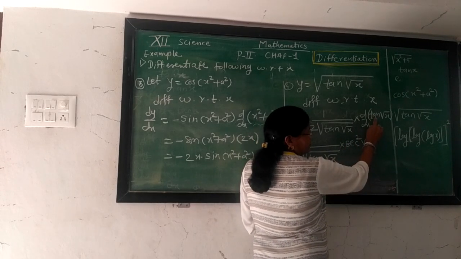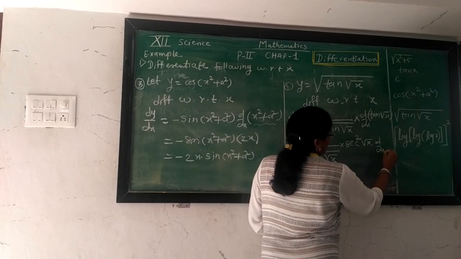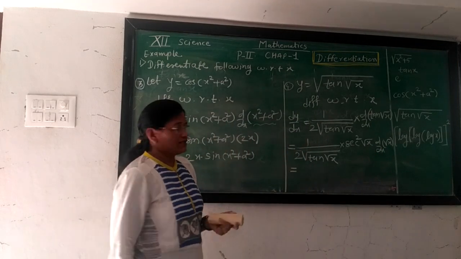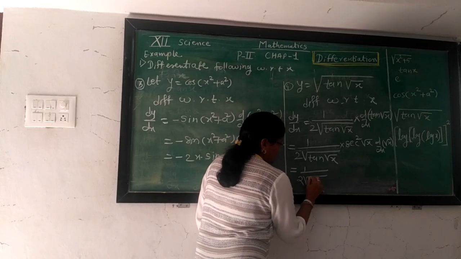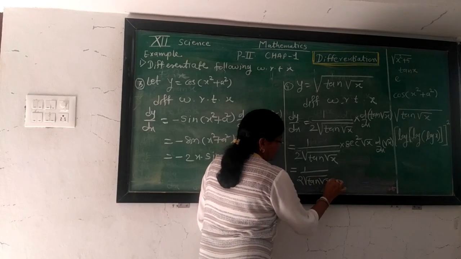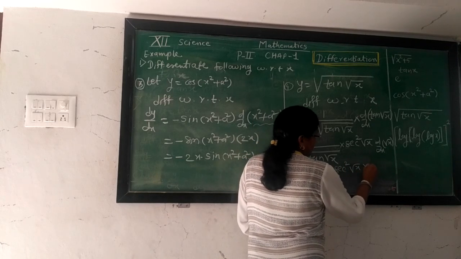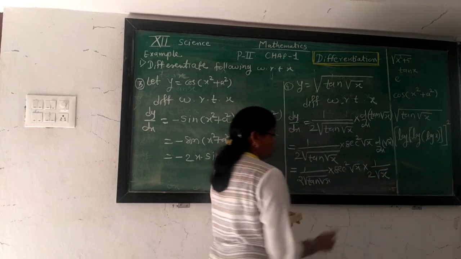Now the derivative of tan is over, but next is the derivative of root x, which is multiplied. So your final answer for this is 1 upon 2 times under root of tan of root x multiplying sec square root x, multiplying the derivative of root x, 1 upon 2 times root x.